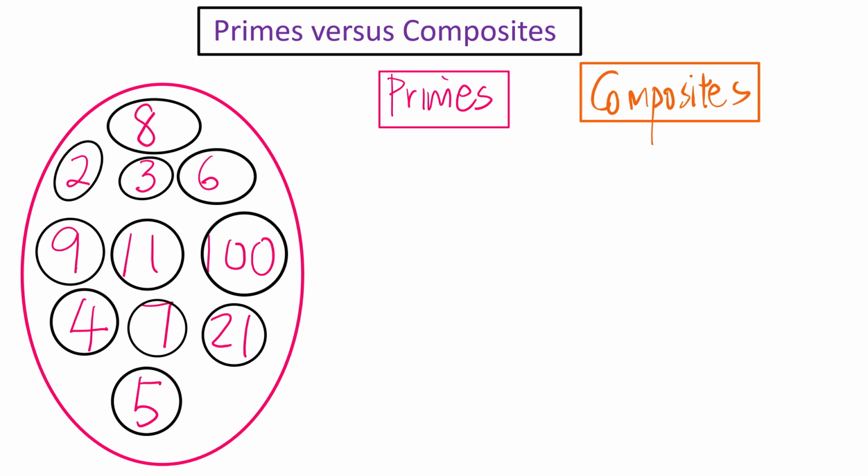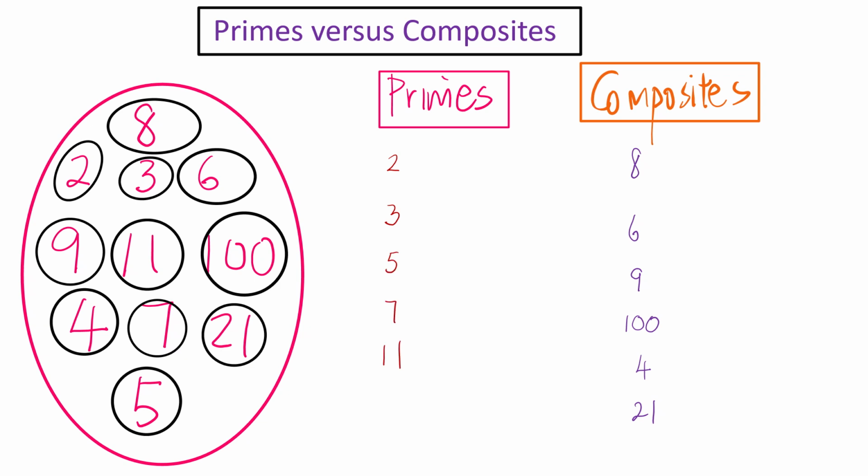So let's start off by having the number 8, 6, 9, 100, 4, and 21. And then under primes, we will have 2, 3, 5, 7, and 11.